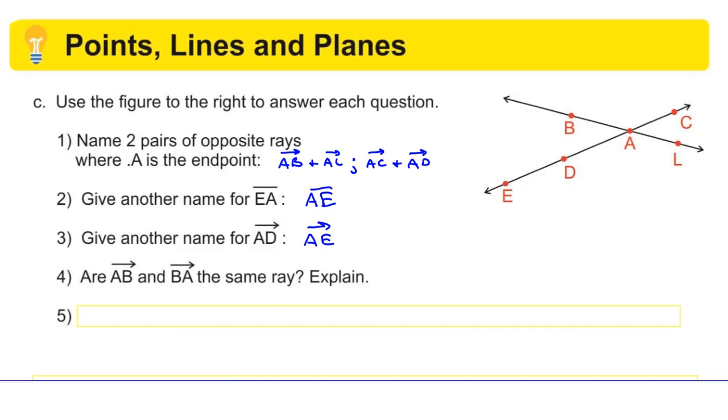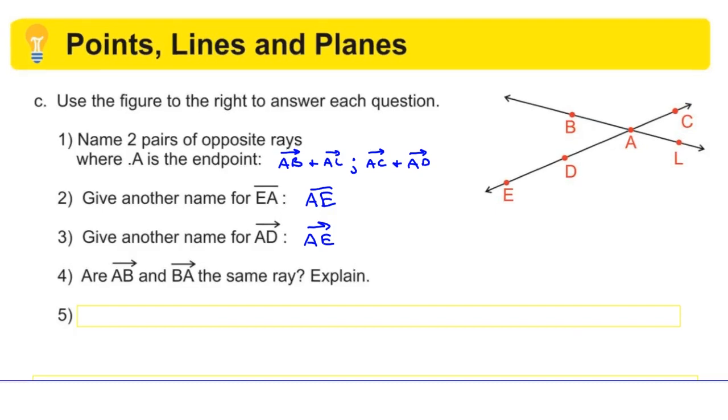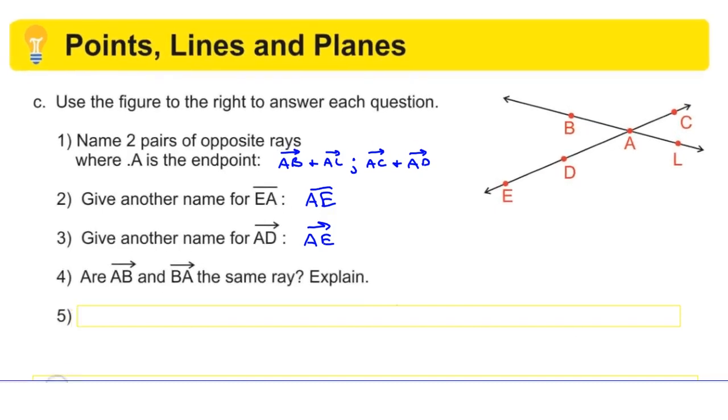The answer is no. My explanation would be they have different endpoints, therefore they cannot be the same ray. So one starts at A and goes in the B direction. The other starts at B and goes in the A direction.